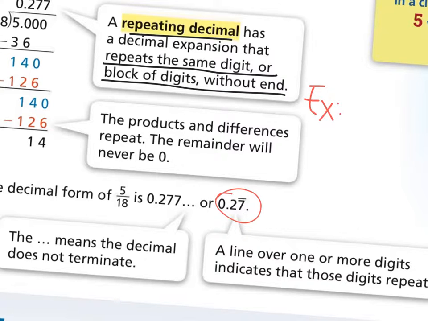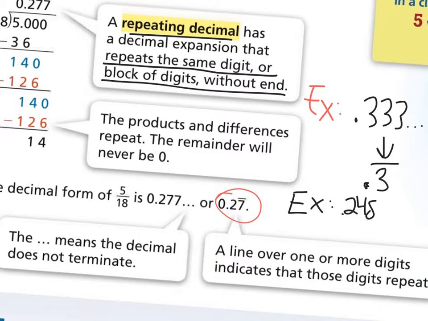Just some other examples for you guys. If we have 0.333 and so on, that would be 0.3 repeating. Since the 3 keeps going, we can just put a bar over the 3. If we have 0.2488 and so on, just the 8's repeating, so we just put the bar above the 8.